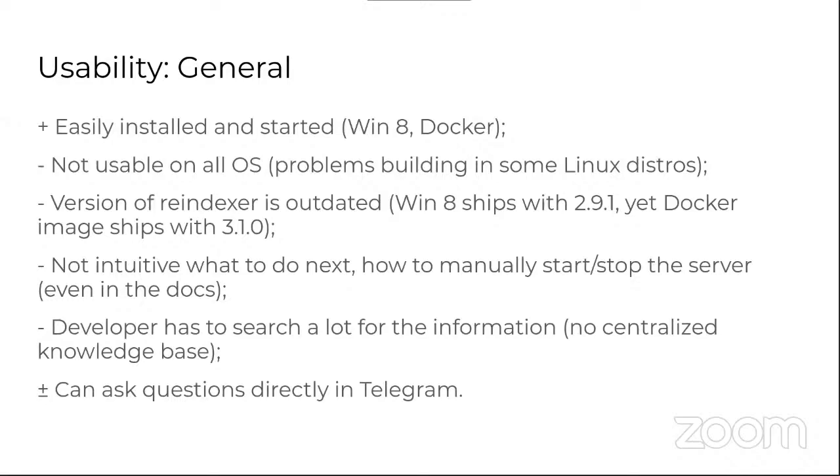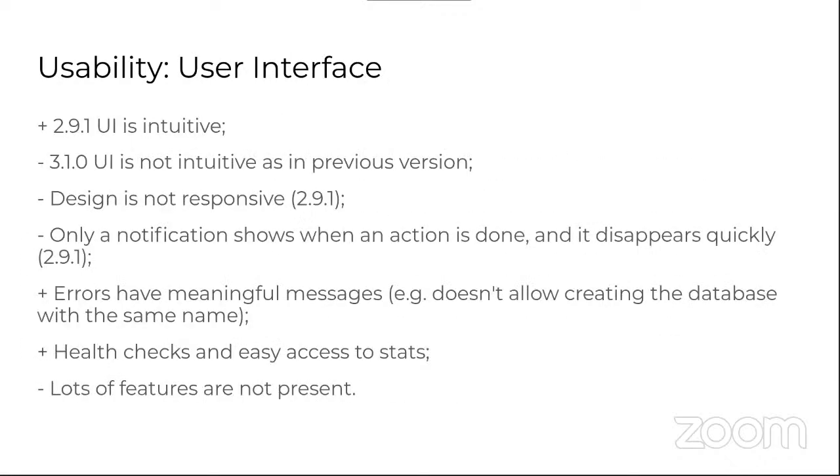But we actually found a nice addition here. The Telegram channel was really supportive, but I think this is not a professional way to deal with questions. We should probably document issues in GitHub issues or other bug trackers, not Telegram.